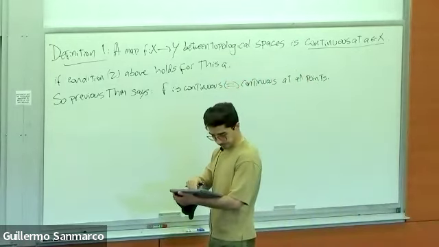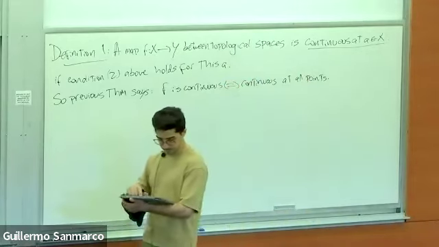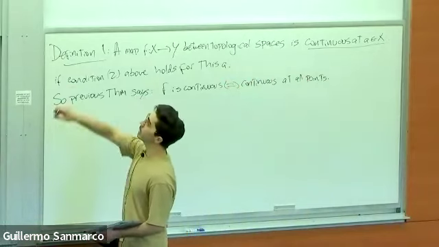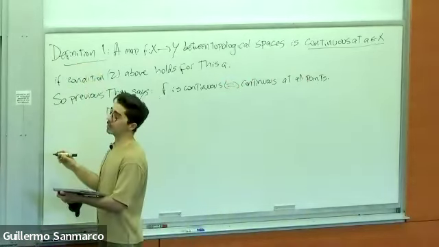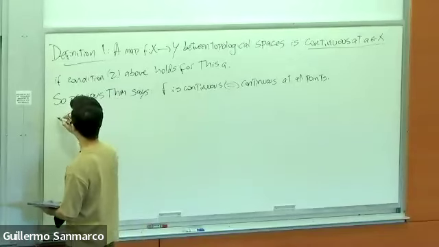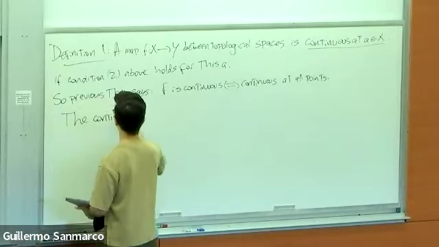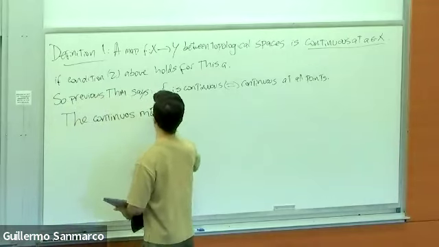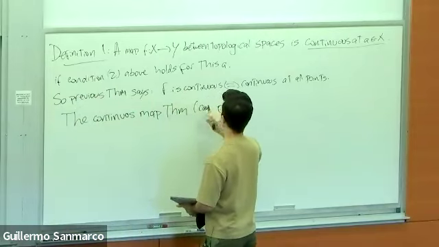Okay. So that theorem is going to have several parts, but most of them are going to be like exercises for you. So now let's continue with the same theorem. So the continuous map theorem, and this is going to be a continuation.